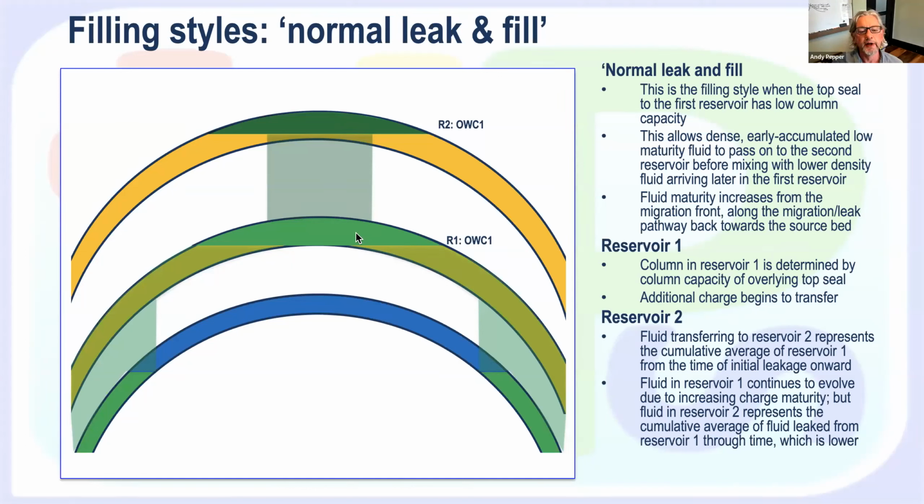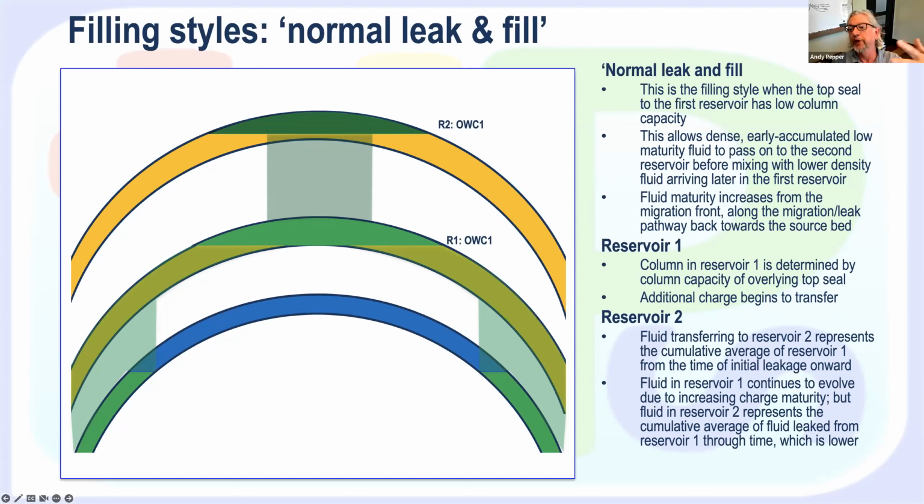The fluid comes in at the bottom, we reach a leak point where capillary pressure is balanced by the column, and then we begin to leak to the next one. It's always the earlier fluid that starts leaking first, and it's backfilled by the lighter fluid. So we tend to get these variations in maturity, with the lower maturity fluid at the top and the higher maturity fluid at the bottom.